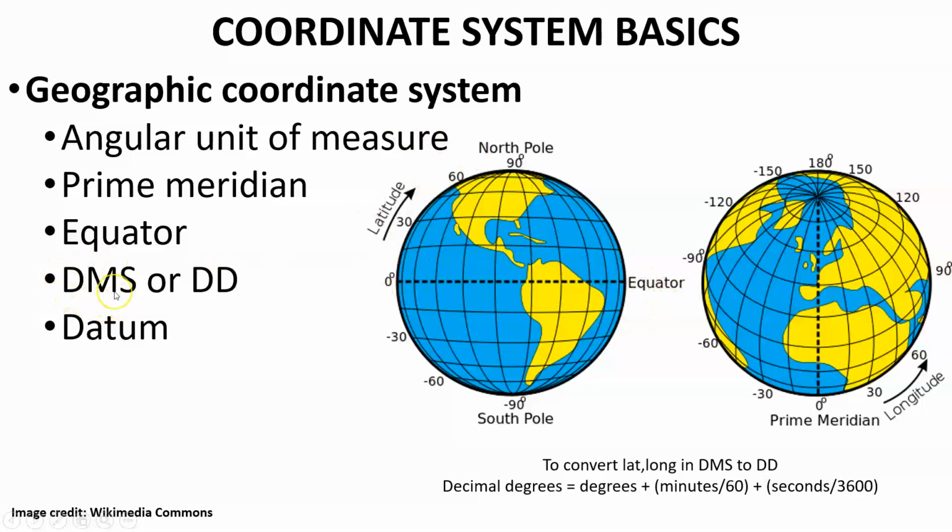As I mentioned, we can often display these angular units as degrees, minutes, and seconds, or decimal degrees. To convert latitude and longitude into DMS, you can also follow a simple division by 60, because we are working with these angular units and degrees.